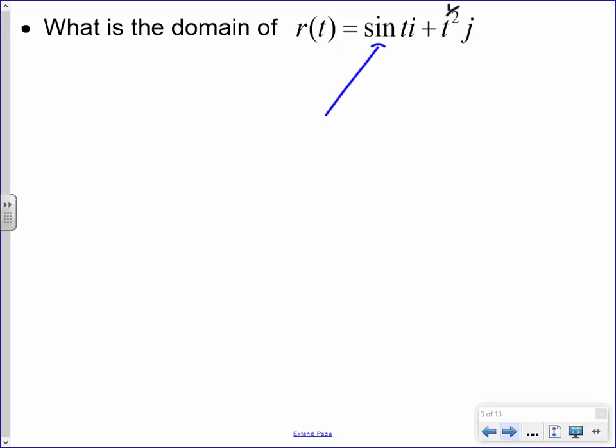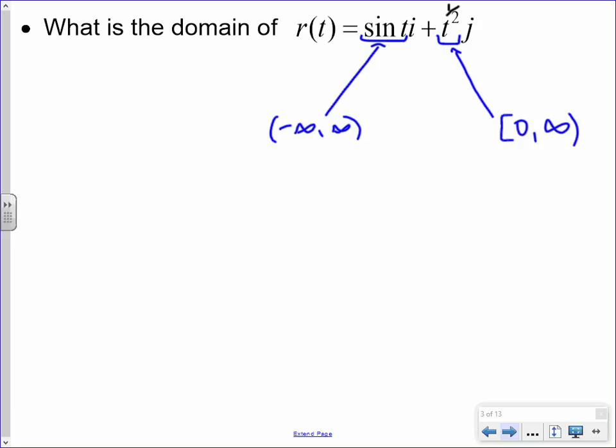Well, you have sine t with i, so I want to look at these two separately. What's the domain of sine of t? What is the domain for t to the 1/2? 0 to infinity.